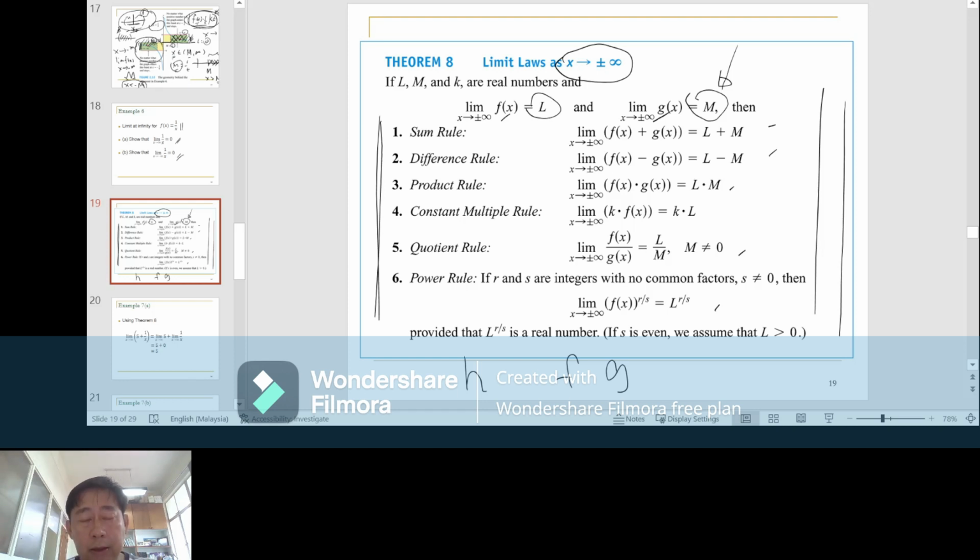So that theorem that we mentioned in earlier chapters applies for the limit when x tends towards an internal point.